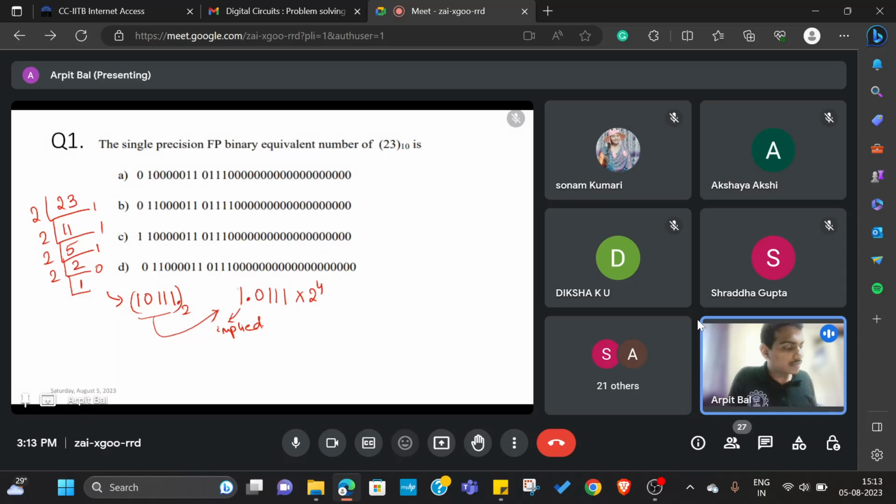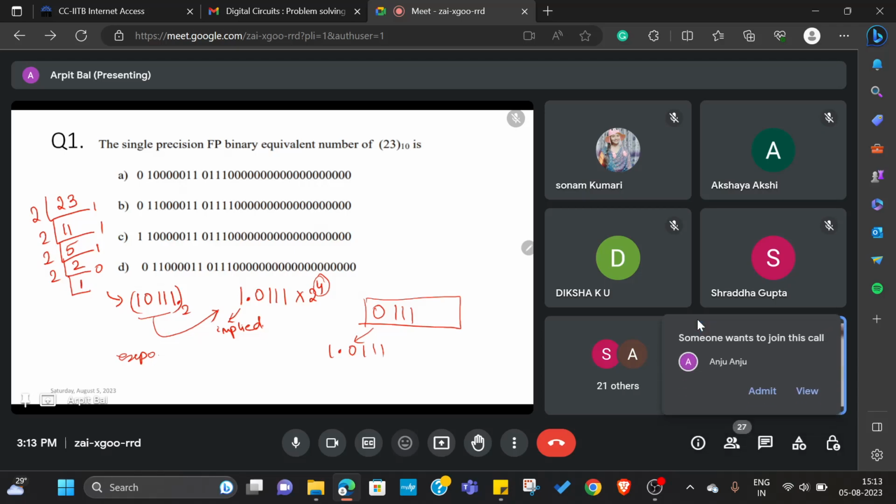So if in the significand field we write 0, 1, 1, 1, it means we are representing 1.0111, since the 1 is already implied. And the exponent here is 4. So let's write it down first. Exponent is equal to 4. What is the biased exponent?